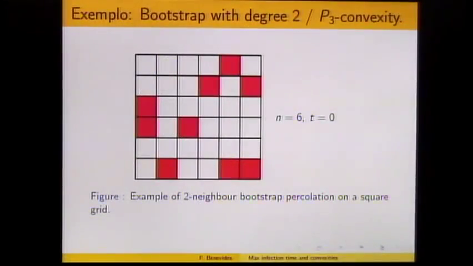So just to give you a fast example, let's consider the particular case in which your whole graph is a grid. In the grid, think about the vertices in my graph as the whole squares. So the actual graph that I'm looking at is the dual of that one.